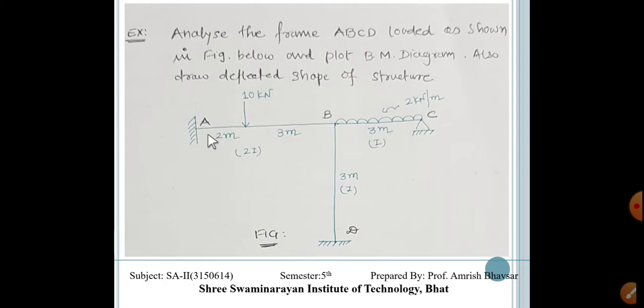Here also, going leftward, joint A gives the horizontal reaction. So, in this case, the chances of sway are not there. So, we have to take into consideration that it is a non-sway frame.